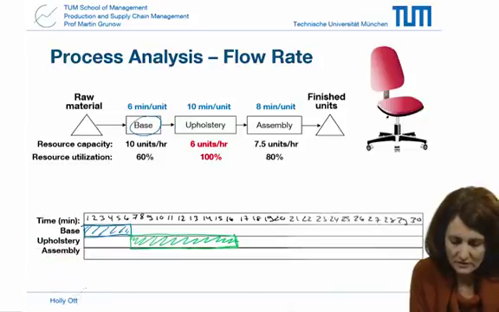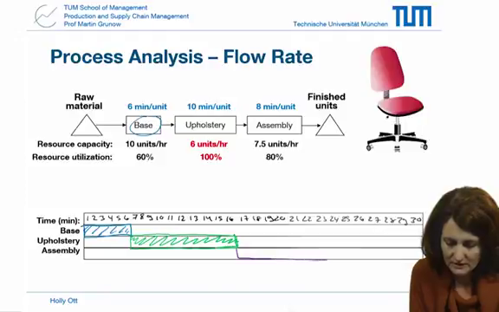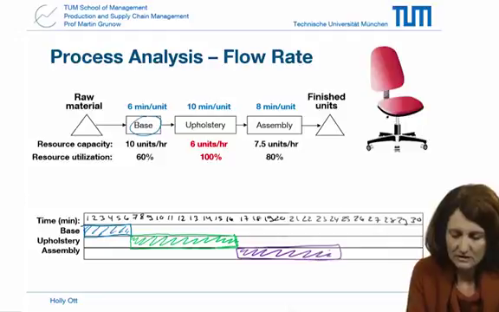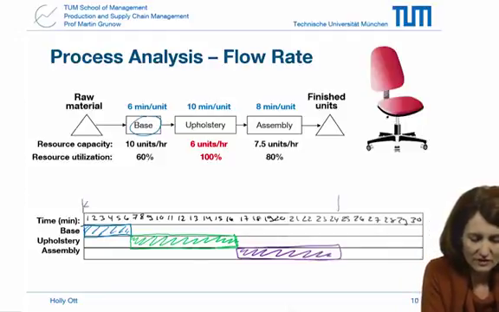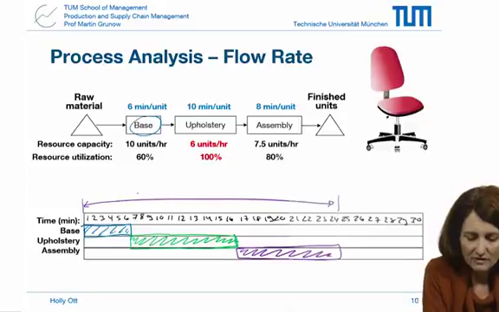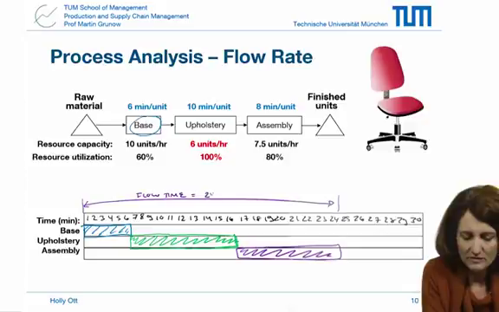Let's use purple. So 1, 2, 3, 4, 5, 6, 7, 8. 8 minutes per unit to finish our first chair. And then this was our flow time here, equals 24 minutes, equals 6 plus 10 plus 8.